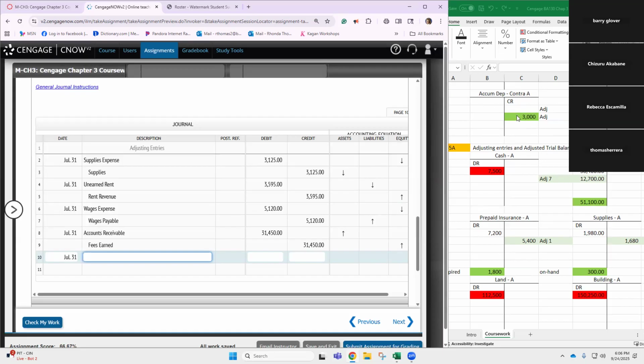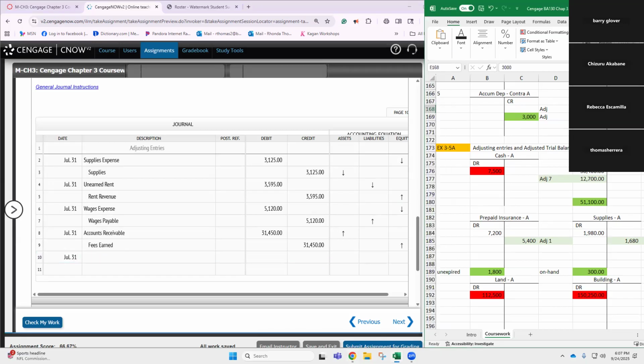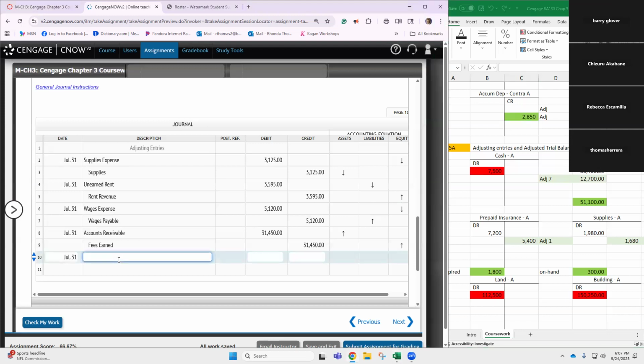We just can't see it. But let's put the amount. So the depreciation expense, I'm going to debit it for $28.50, and the credit goes in the accumulated depreciation for that equipment. I'm going to use the chart of accounts so I don't have to spell all that out.